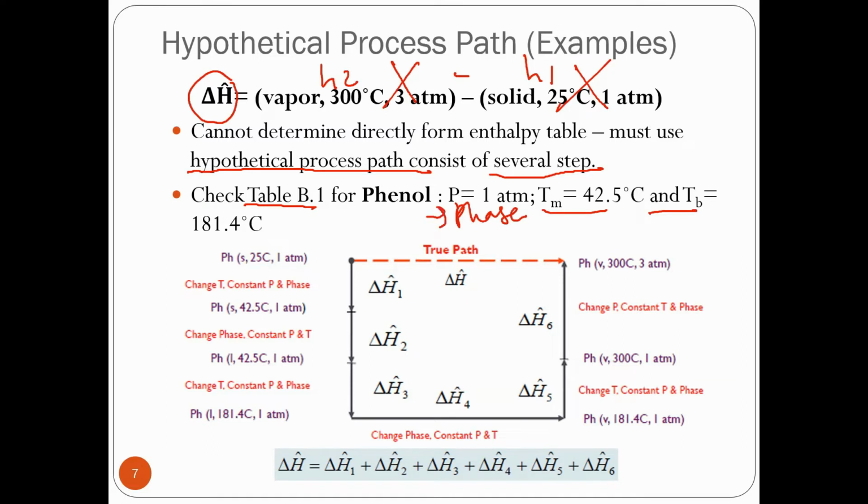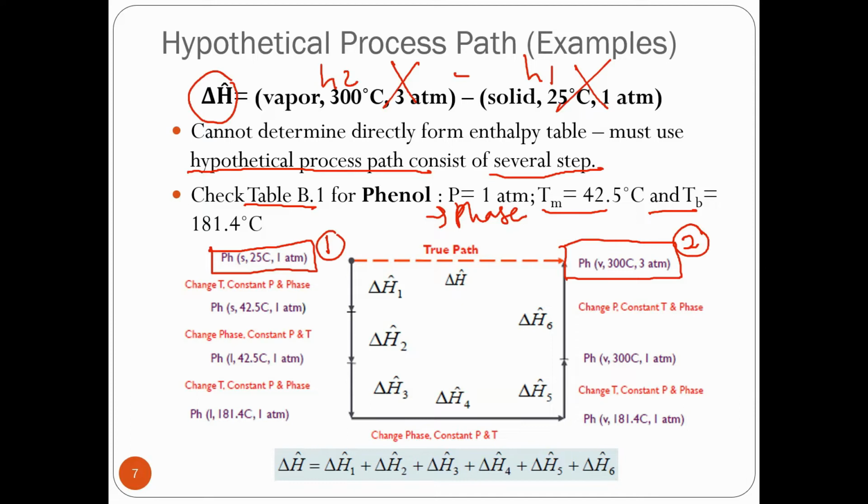So here this is our phase 1, right? Given the question from phase 1, this is our initial, and then this is our final state.